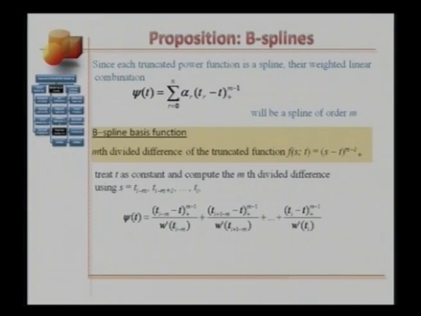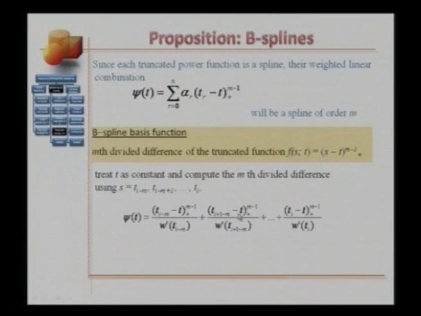Using the algebraic form, this divided difference will look like psi of t is equal to t i minus m minus t truncated raised to m minus 1 over w prime at t i minus m, plus t i minus m plus 1 minus t truncated raised to m minus 1 over w prime at t i minus m plus 1, and so on, and the last term in the summation would be ti minus t truncated raised to m minus 1 over w prime evaluated at ti.